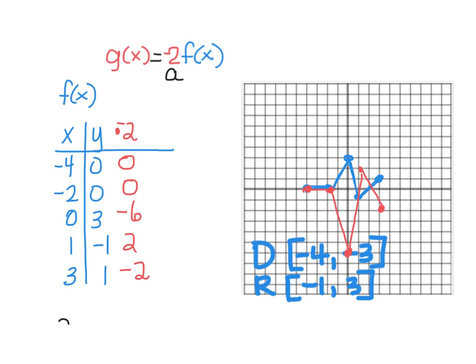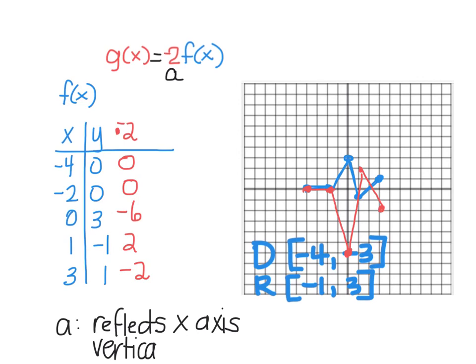So the A transformation does two things. The A transformation reflects it across the x-axis. But notice it also did a stretch. And it is a vertical stretch because we're going to be looking at horizontal stretches tomorrow. It is a vertical stretch.